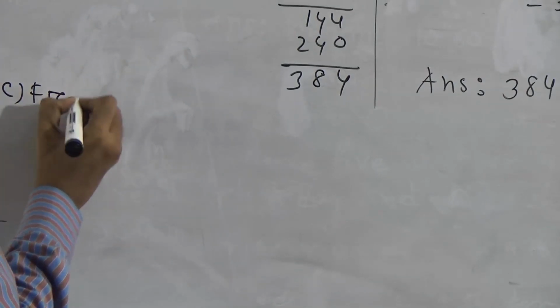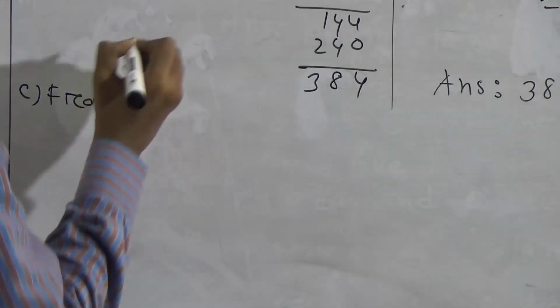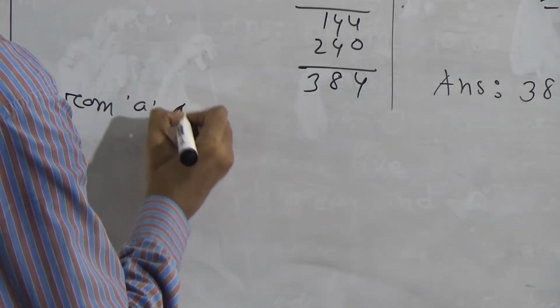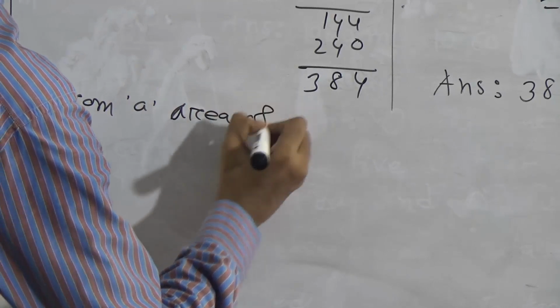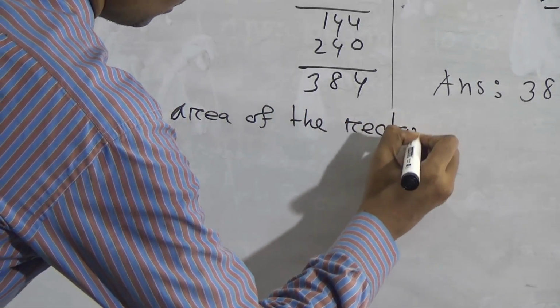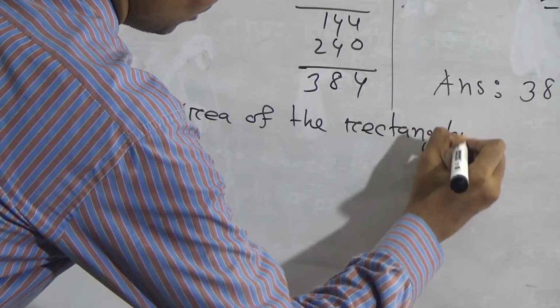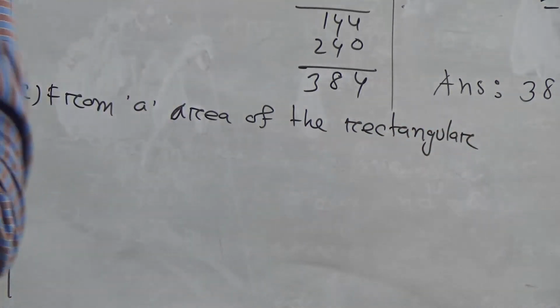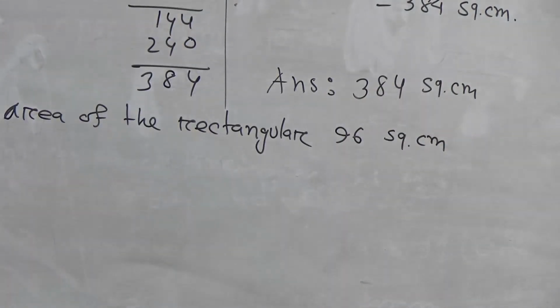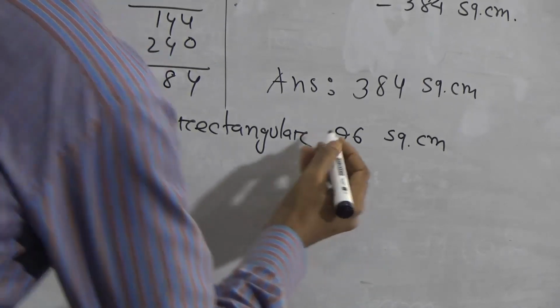From A we got area of the rectangular shape, how many? 96 square centimeter.